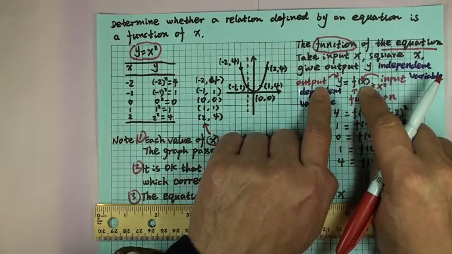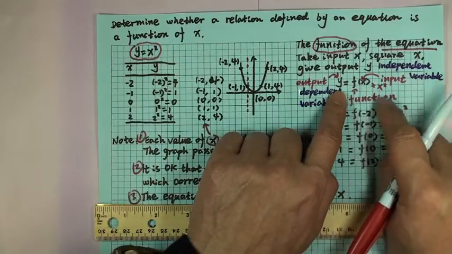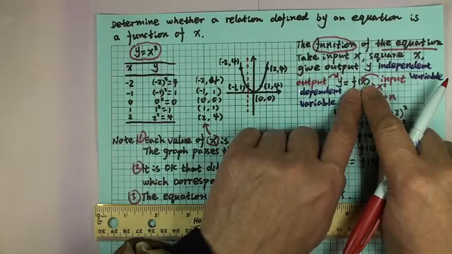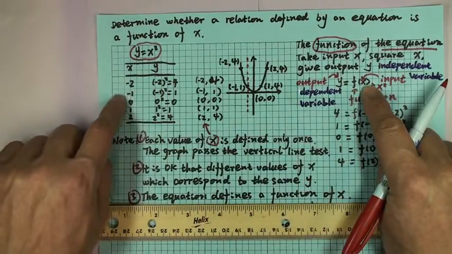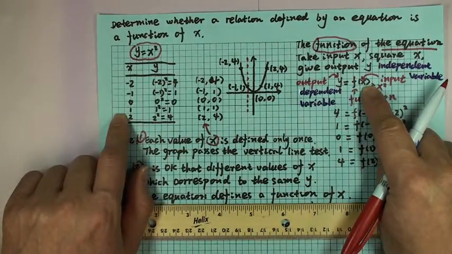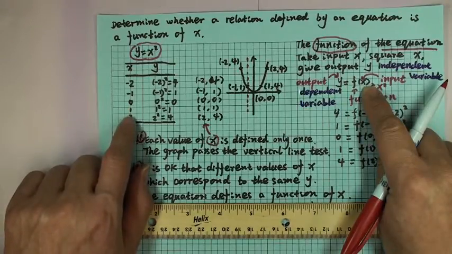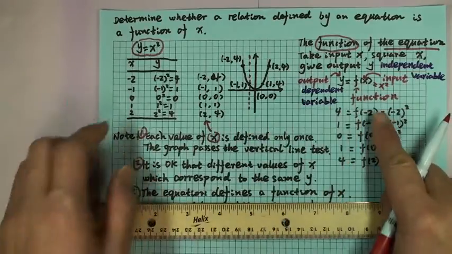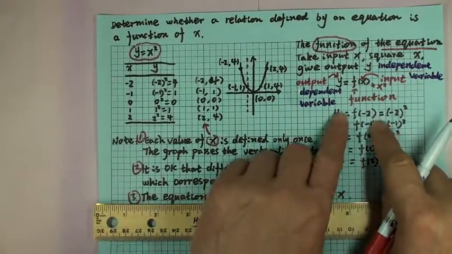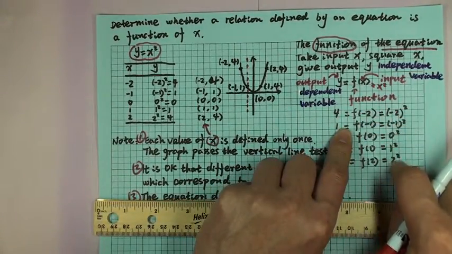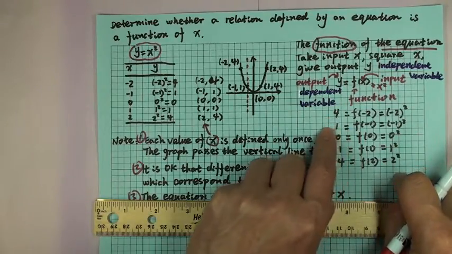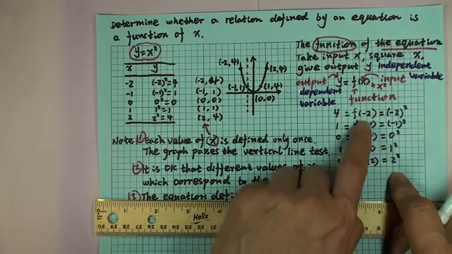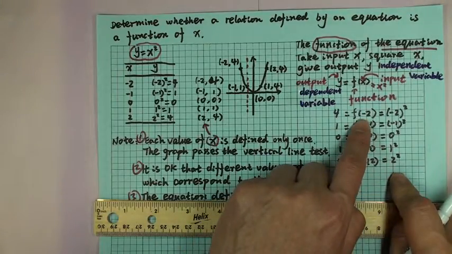So you see here again the input x can be anything here, -2, -1, 0, 1, 2. Basically the input we take and then we square it. We square the inputs and then we give the output. So we write in this way. You put the input right here.